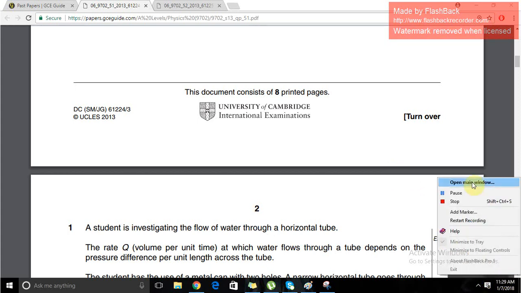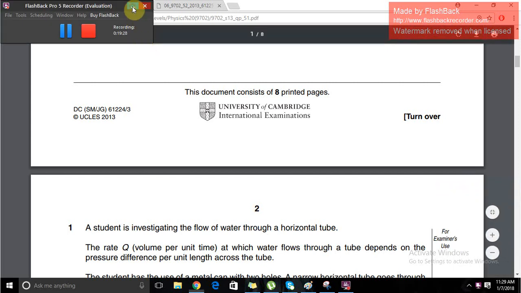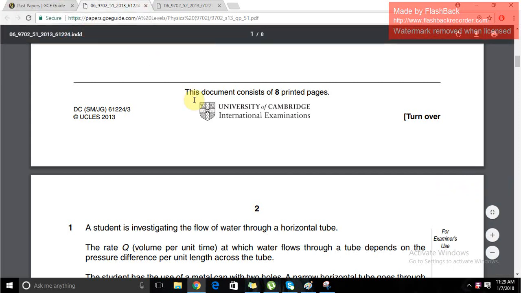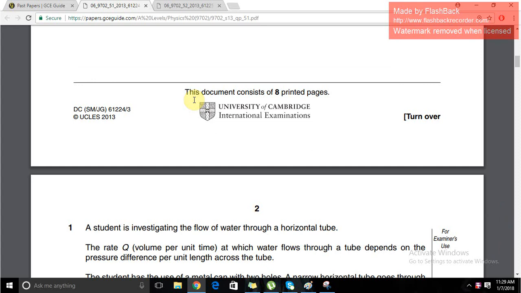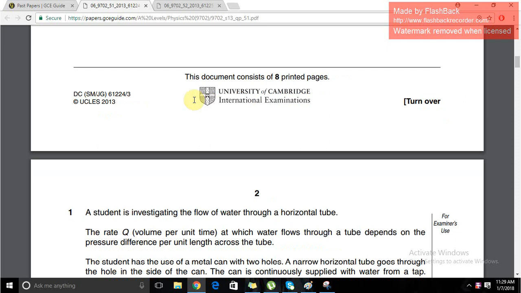Is there anything we may have likely missed out? I don't think so. So a student is investigating flow of water through a horizontal tube. Done, nothing missed out. And the rate Q, which is volume per unit time, at which water flows through a tube depends on the pressure difference per unit length across the tube.